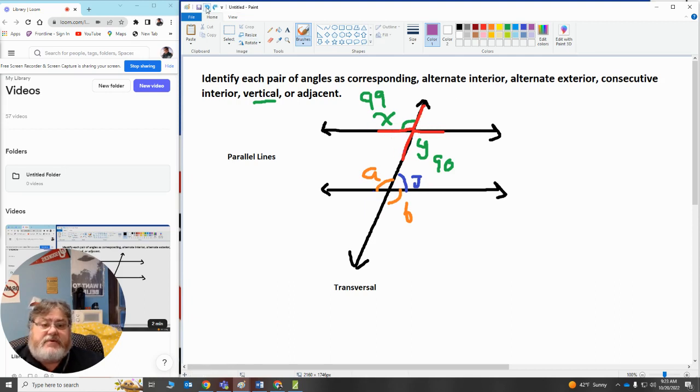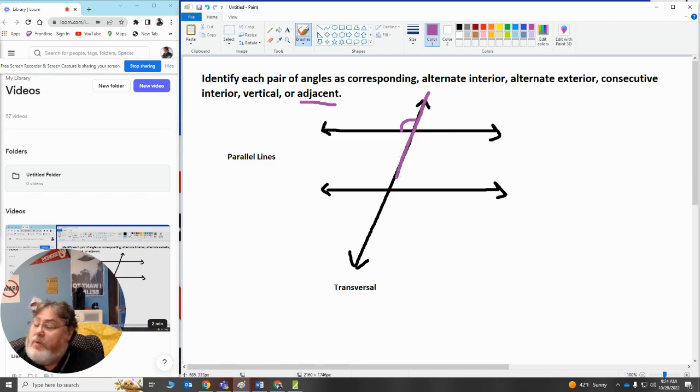The last one that I'm going to cover is the adjacent angle. Here's how adjacent angles works. Adjacent angle. I'll say that this angle is my house. We'll say that this is my house. I live in a duplex. Okay. What a duplex is two houses that are connected, separated by a wall.